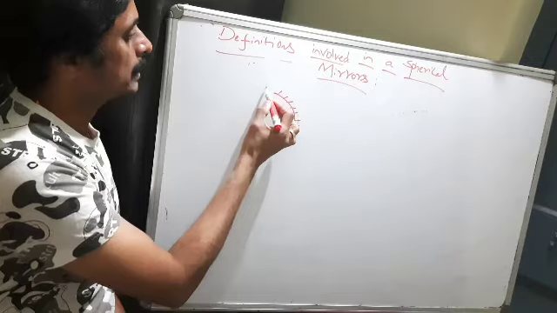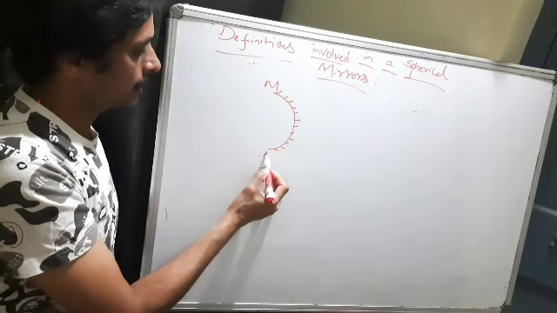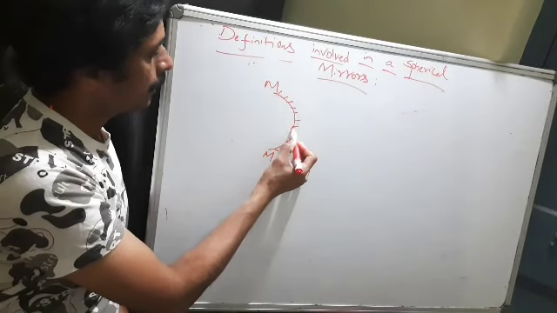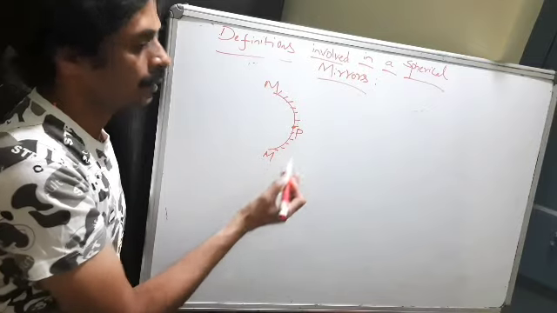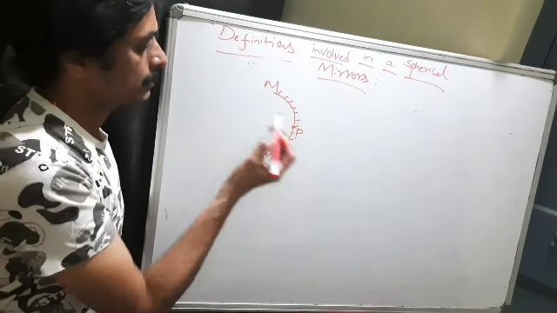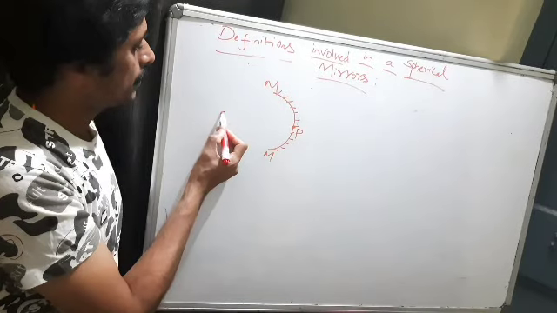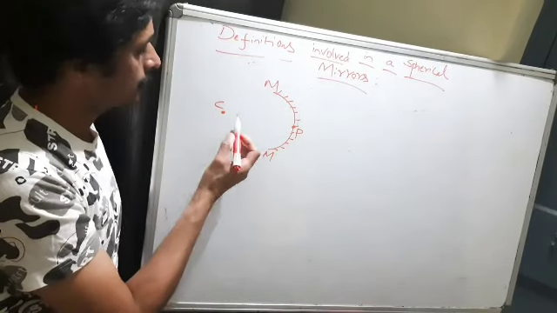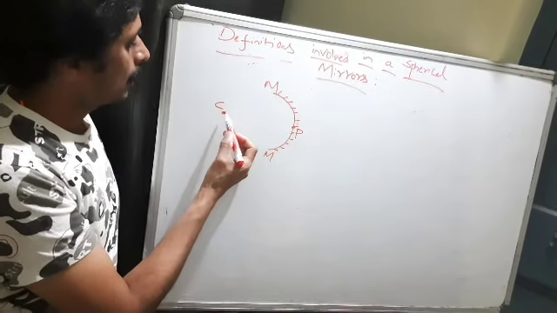Let us consider a part of concave mirror M to M dash. The midpoint of the mirror is called P, the pole or vertex, and C happens to be the center of the mirror.